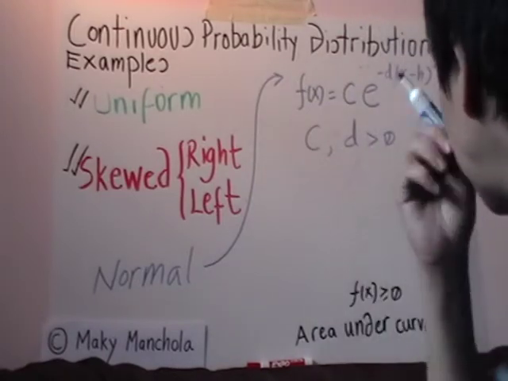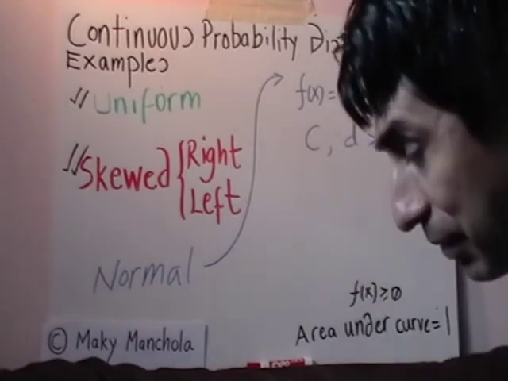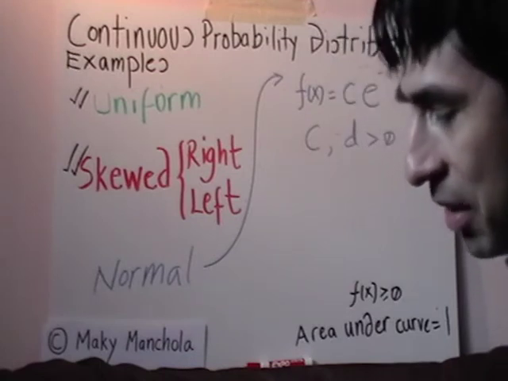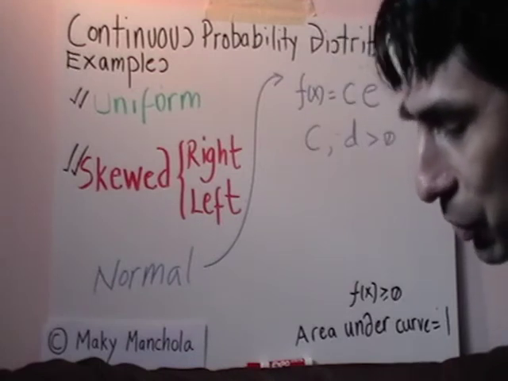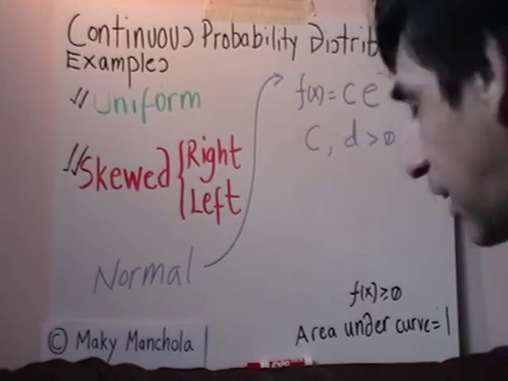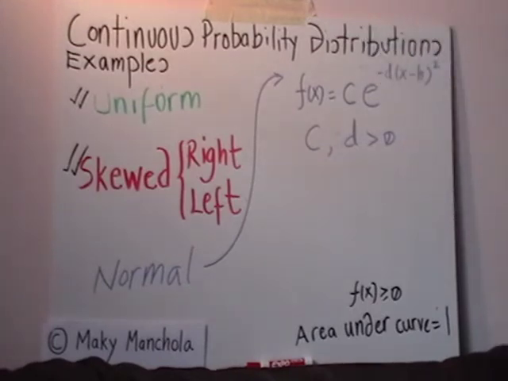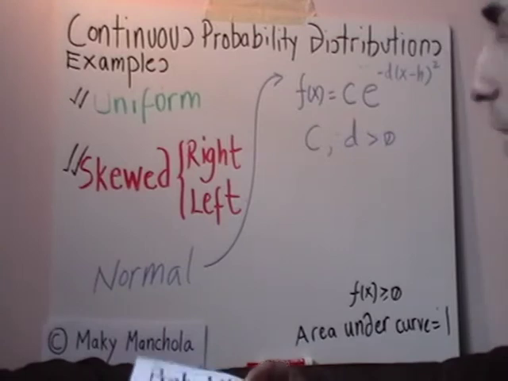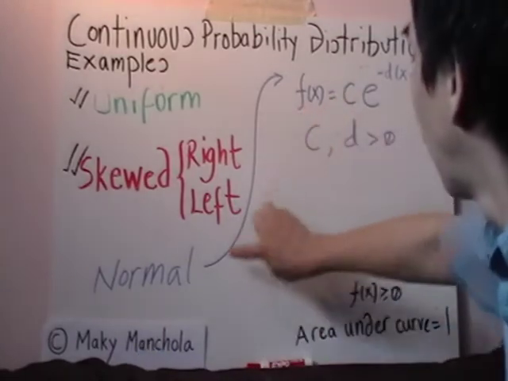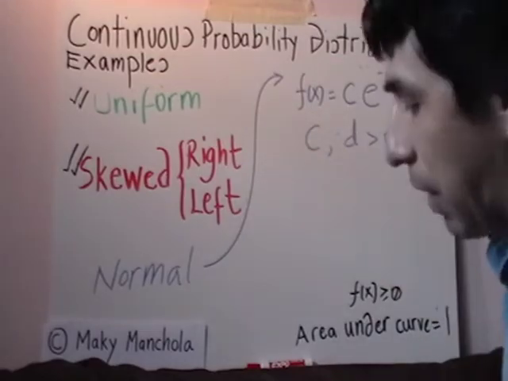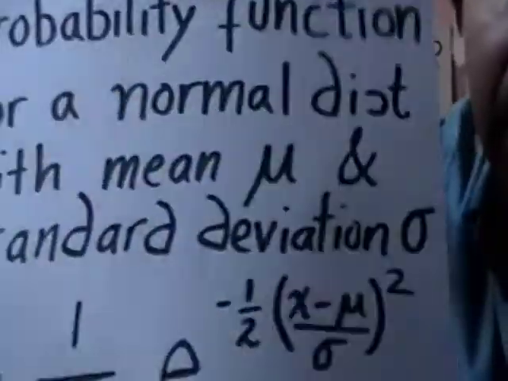Now what the specific constants have to be is known. If you study statistics at an advanced level, not necessarily an introductory level, you will see that all normal distributions have probability functions that look like this.